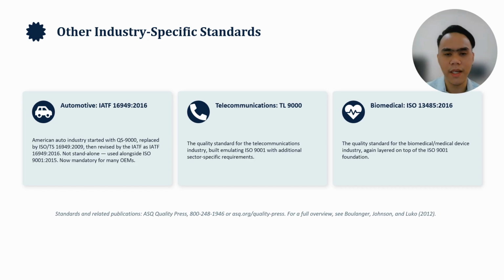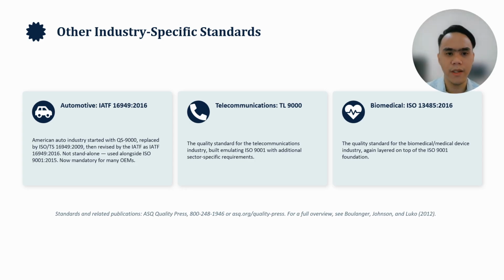It's worth being precise here because IATF 16949 2016 is not a standalone quality management standard. It is intended to be used in conjunction with ISO 9001 2015 to define the full QMS requirements for automotive-related products.